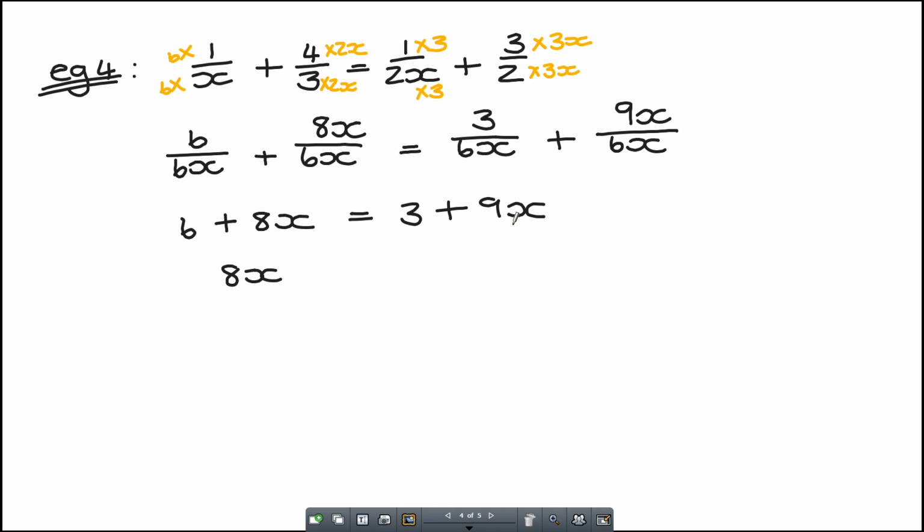So that plus 9x moves over and becomes minus 9x. The 6 also has to move over, so it becomes minus 6. So I'm going to have minus 1x is equal to minus 3, which means that positive x is equal to positive 3. Who got that?